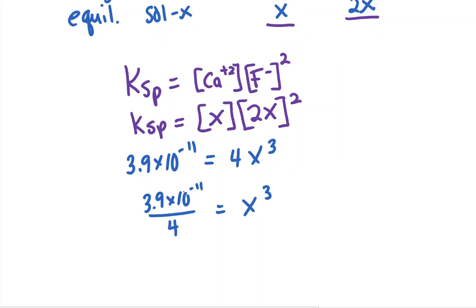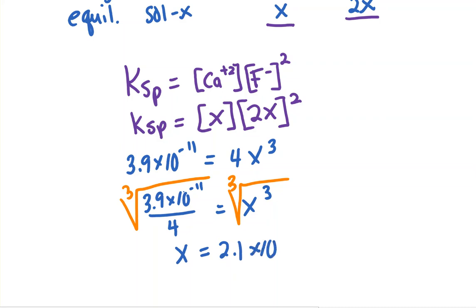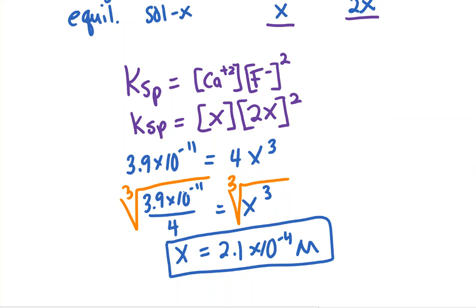Before we do a cubed root, so to get rid of the x to the third, the power of 3, we'll take a cubed root of both sides. And that can be done on your calculator. You might have to look for it if you don't know already. And again, when we get to x, that is our molar solubility.